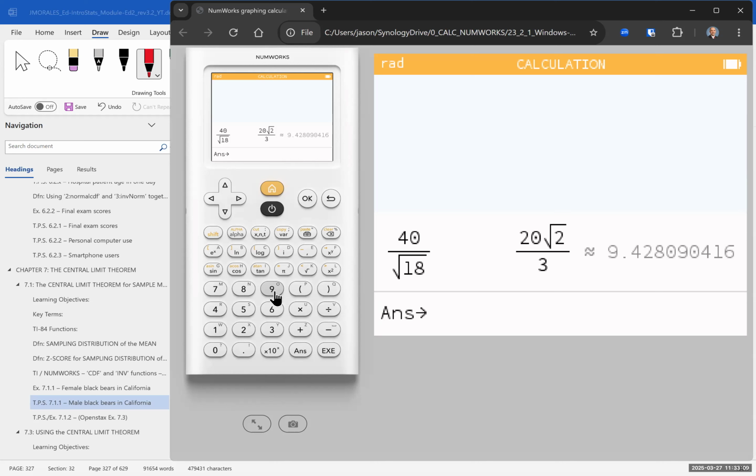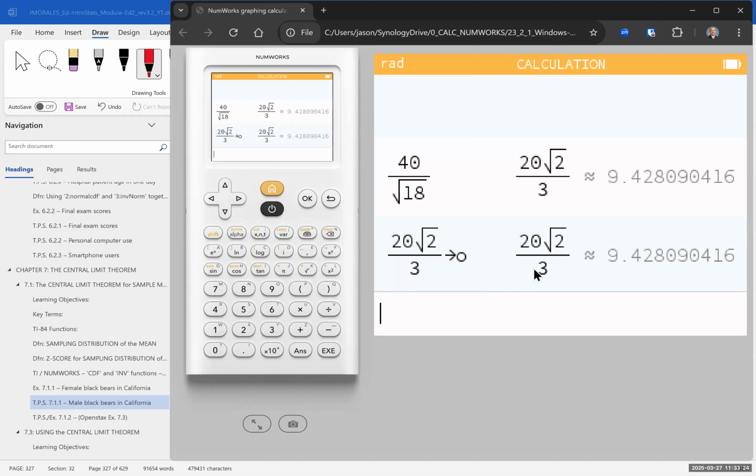And I think I can make it a lowercase o just by hitting alpha and 9. Let's see if that works. Okay, I think it worked. It took this fully accurate decimal number and put it in this variable o in the calculator.